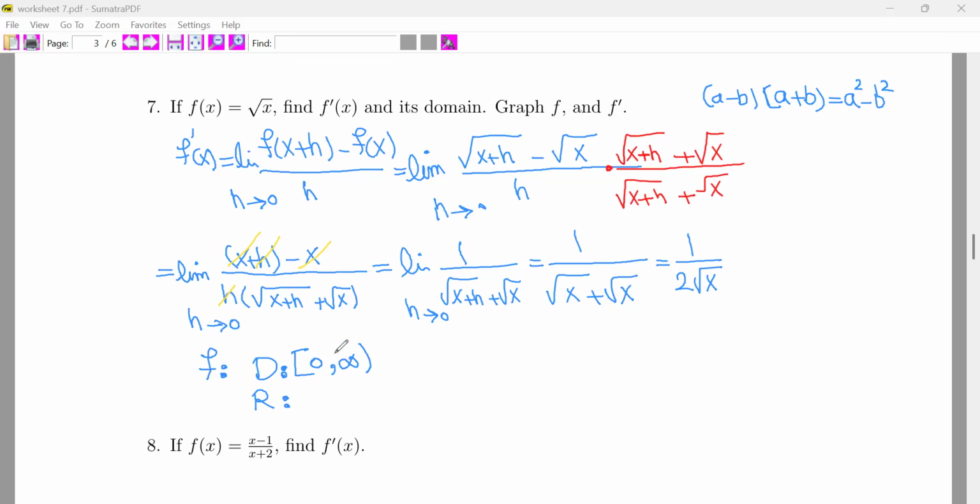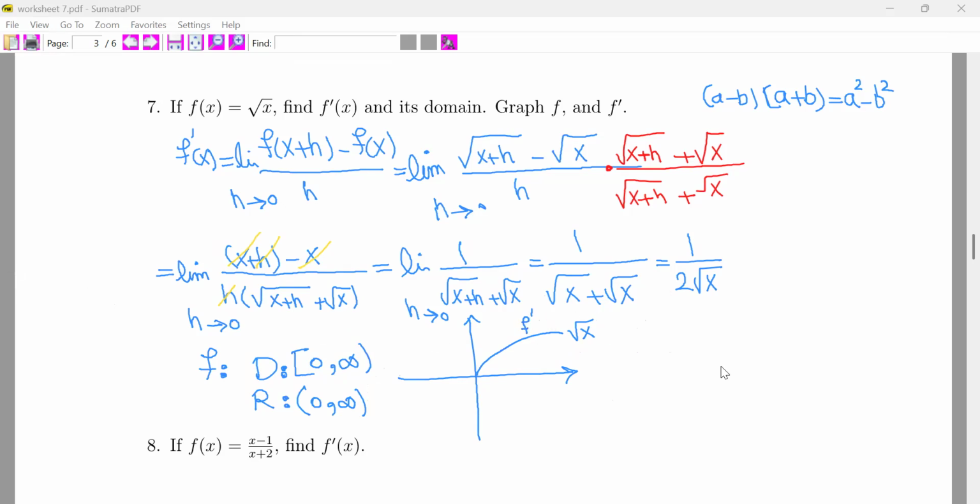And based on the definition, it will be the positive answers, not included for the 0. And as we have seen before, this is the way that it looks when you have the square root of x. This is f.